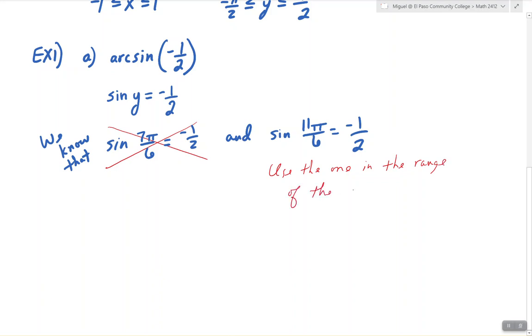Of the function. This is the right side of the circle.